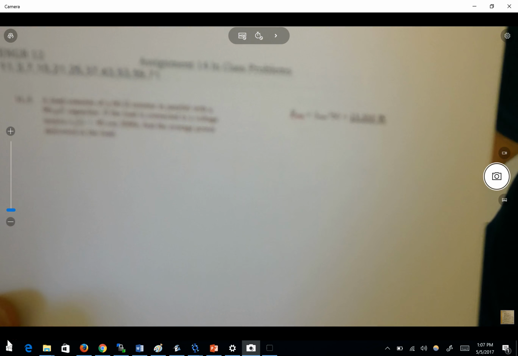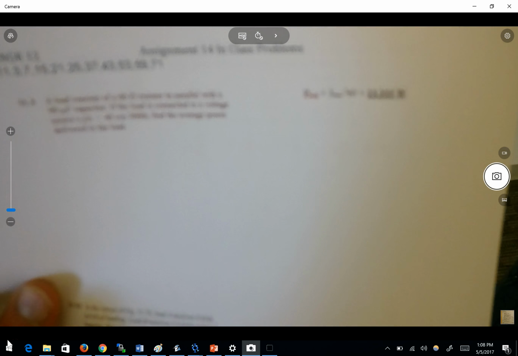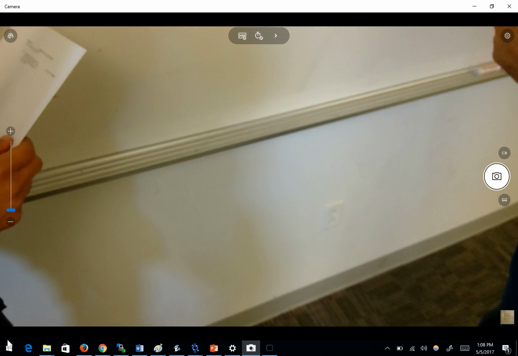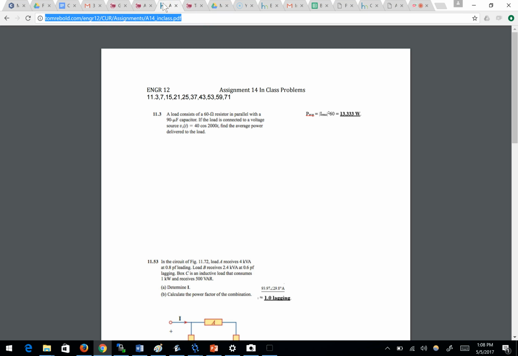Because I would need to convert this to... Focus. Well, it could just be a distraction. Could be. That happens sometimes. It says the answer is 13.33. Well, let's convert. V squared, so 40 squared, 1600 over 120.